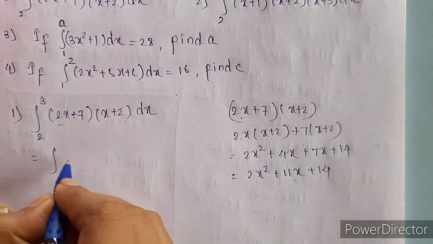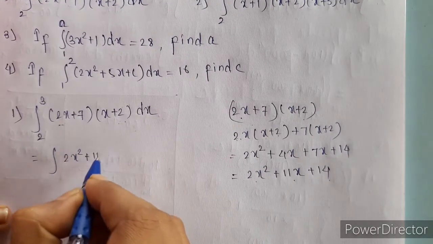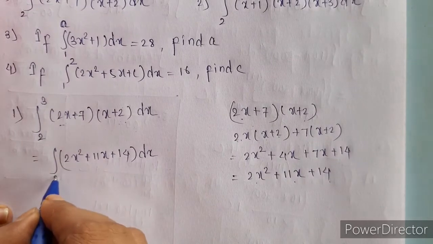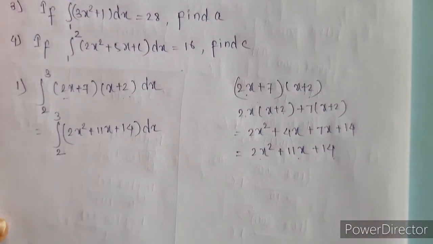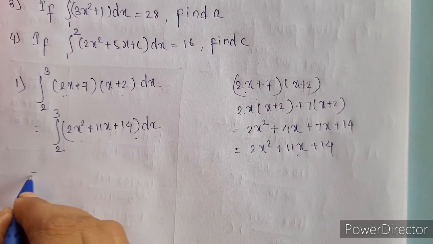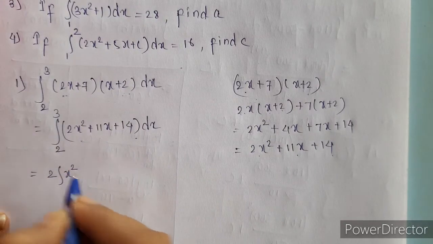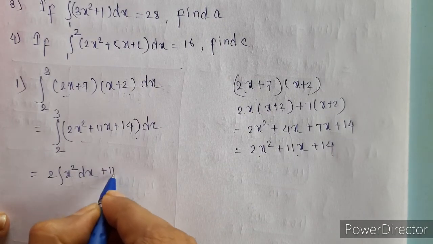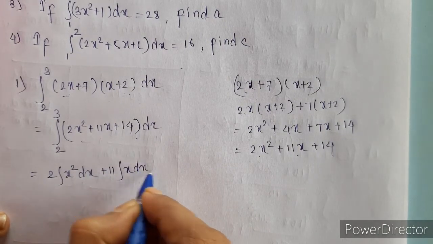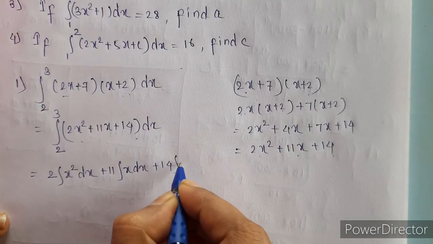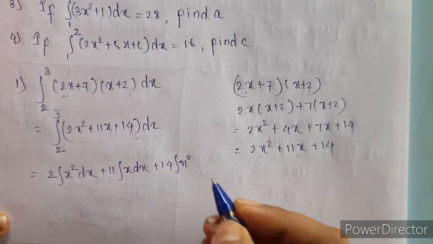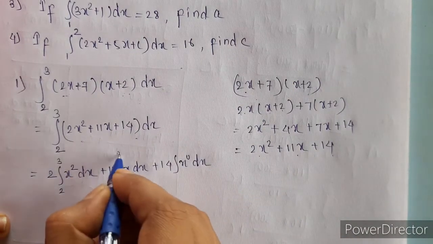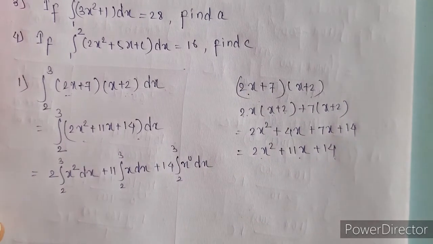So we can write this as the integral of 2x square plus 11x plus 14 with respect to x from 2 to 3. Now we can find the integral of this. 2 is a constant, we have to find the integral of x square with respect to x. 11 is a constant, integral of x. 14 is a constant, integral of 1, which we can write as x raised to power 0, from 2 to 3.